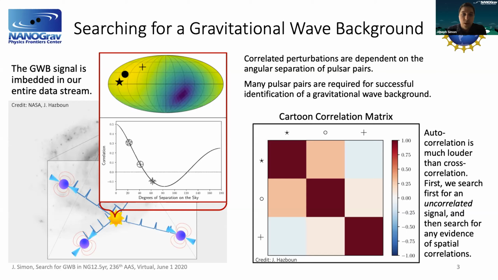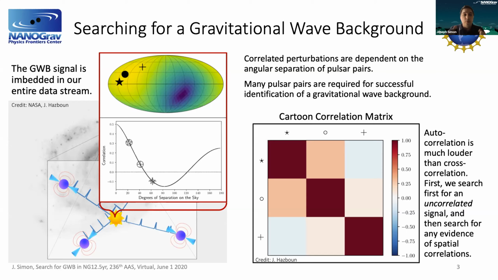And here I'm just showing a cartoon of that correlation matrix, and you can see that the auto terms really dominate the power that we recover.